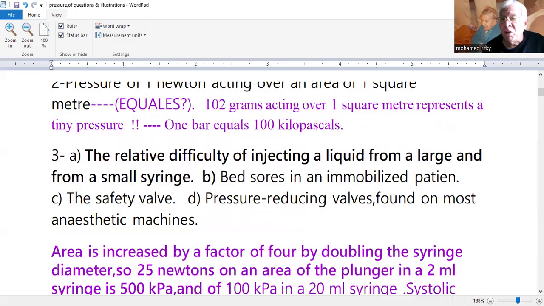What is the correlation between pressure and force? This may be asked by the examiner. So we must also know that we have 3 or 4 examples representing the relationship.